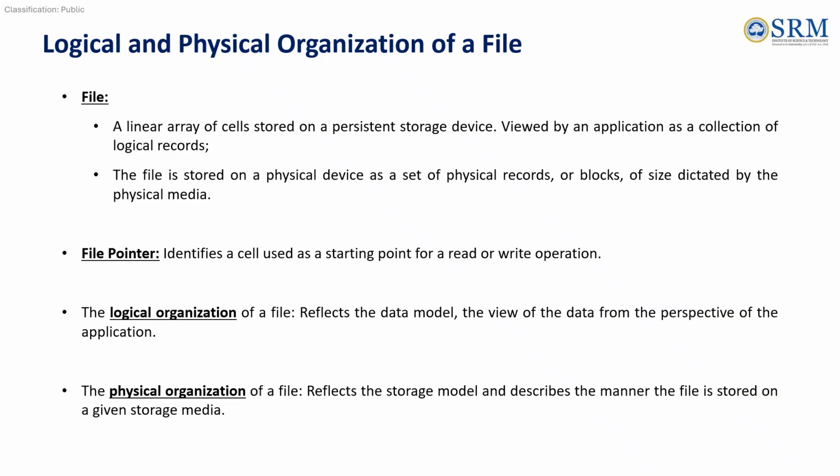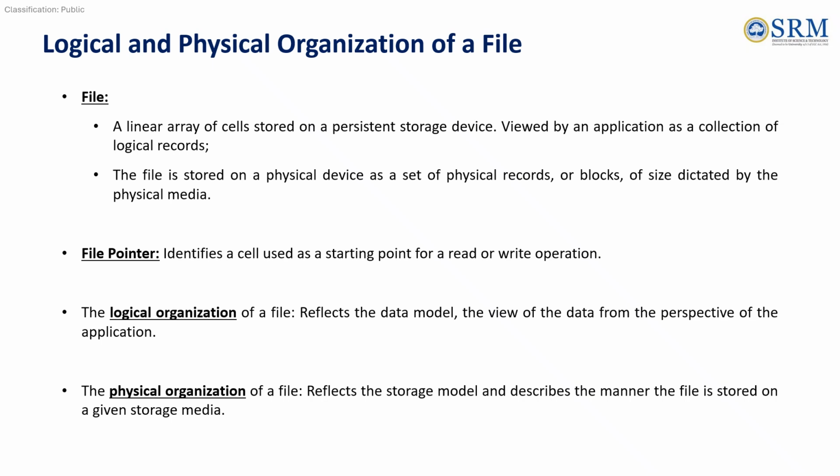Another important concept is the file pointer. A file pointer simply indicates the location from where a read or write operation should begin. Whenever we open a file or edit data, the operating system uses this pointer to access the correct position. Now, file organization can be viewed in two different ways. One is the logical organization and the other one is physical organization. Logical organization represents how the application or user views the data.